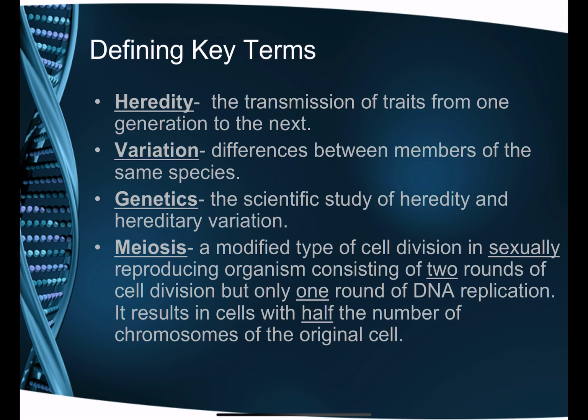So as we study genetics, one thing that we're going to talk about later this week is meiosis. Previously we talked about mitosis, okay? Mitosis was the cell division that happens in somatic cells, which are body cells. Meiosis happens in sex cells.